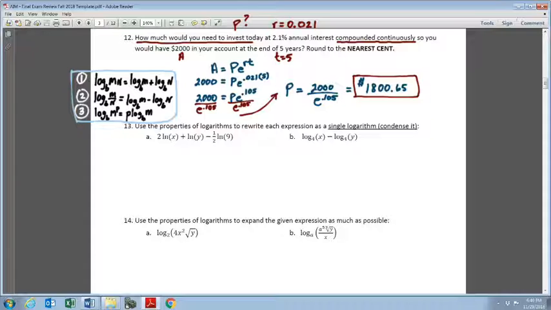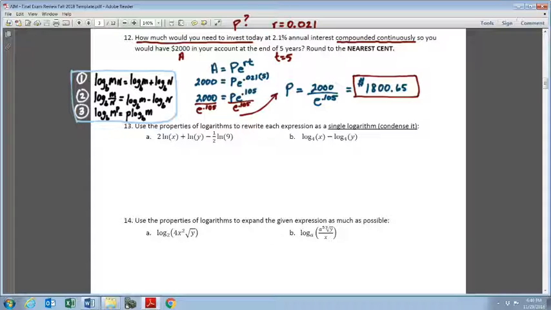And I think I'm going to do B first because it's a little simpler. So here we have a subtraction of 2 logs. Notice we're going to need to use property 2, which says the log of a quotient, m divided by n, is equal to a difference of logs, or 2 logs subtracted.